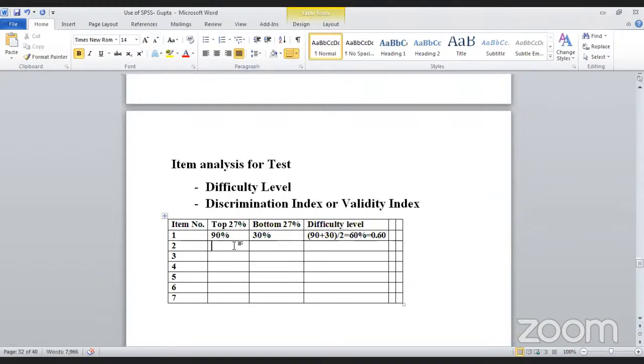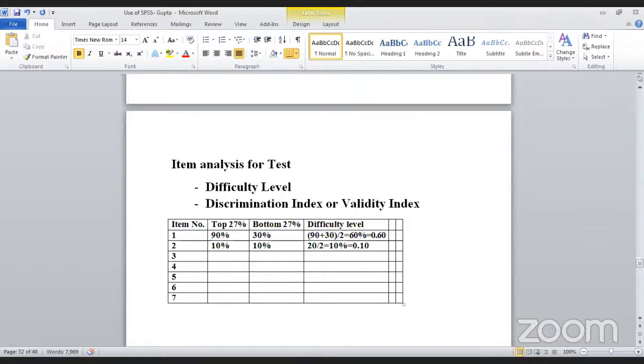Suppose there is another question where 10% of the people attempted it correctly. And here also 10% of the people attempted it correctly. So 10 plus 10 is 20. So 20 divided by 2 is 10%. And 10% is nothing but 0.10. Suppose there is another question.